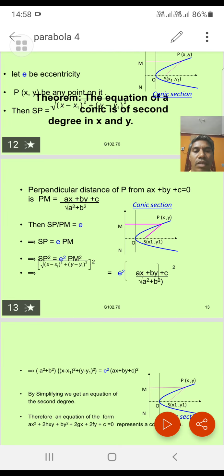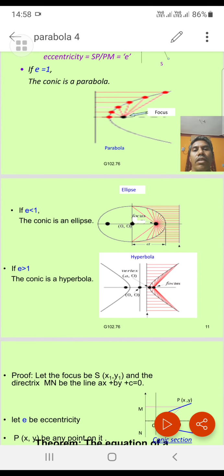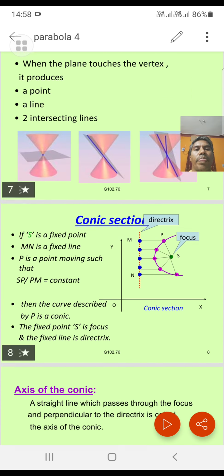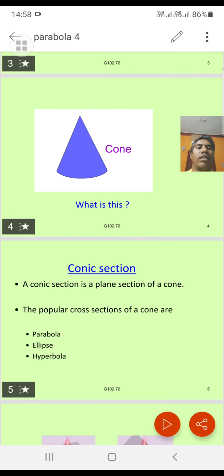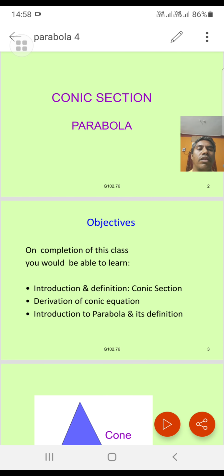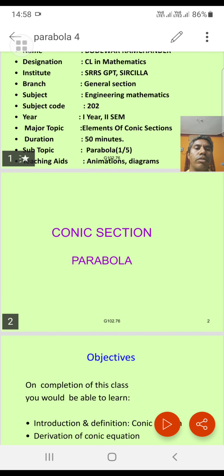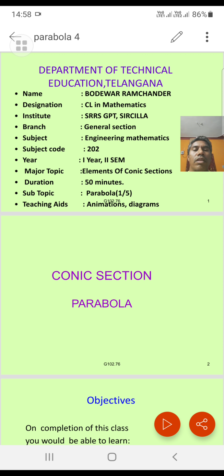And if you have any doubts and you are facing any difficulties in solving questions, then you can ask me or post your doubts on WhatsApp, and I will clarify your doubts. So do the problems, and we'll discuss the remaining in the next class.